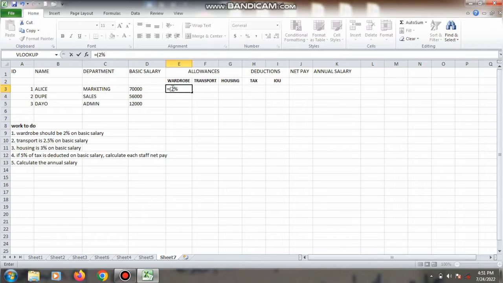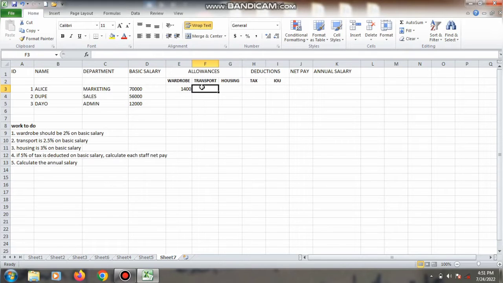Of our basic salary. In our mathematics arithmetic, OF signifies multiplication. I believe you still remember in our simple arithmetic, and our basic salary is D3. Then you close your bracket. Then that means 1,004 is the allowance for the marketing person on our wardrobe.